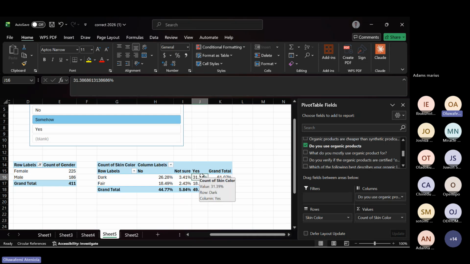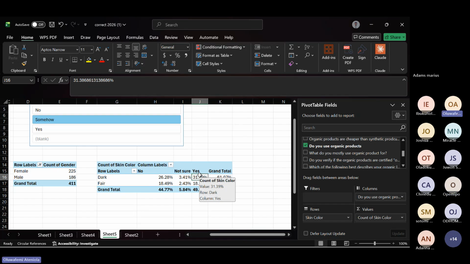Well, you have a significance of about 31% of them saying, yes, I use organic products. So which means you have more dark-skinned people fill this form than the light-skinned or the fair-skinned. Okay. Are you understanding this better?